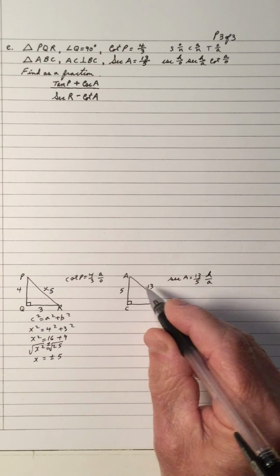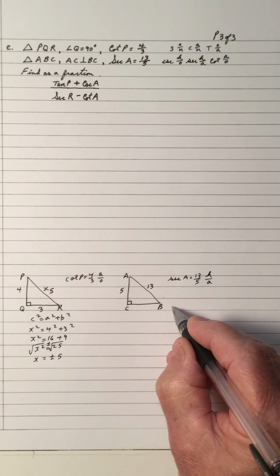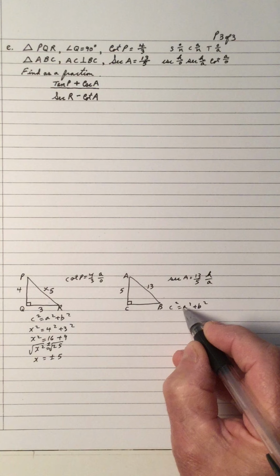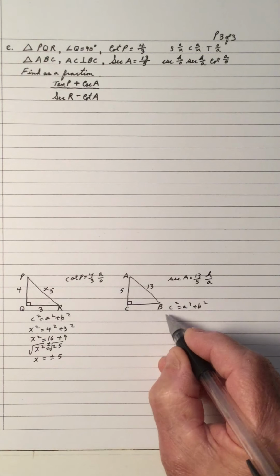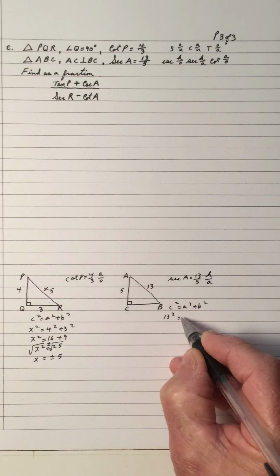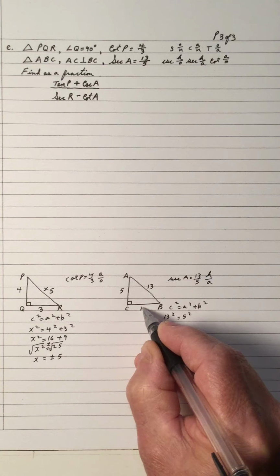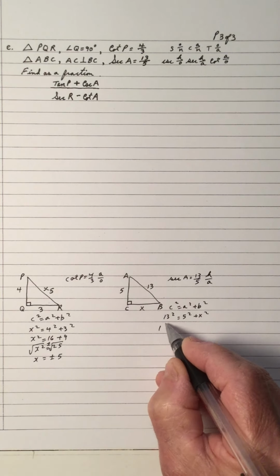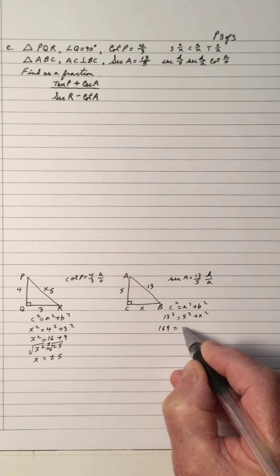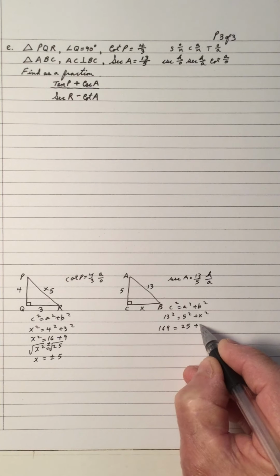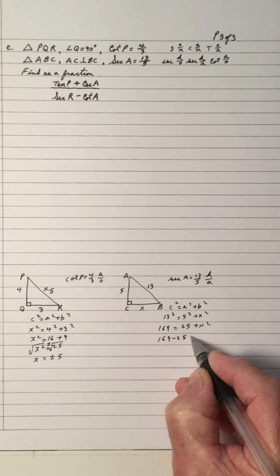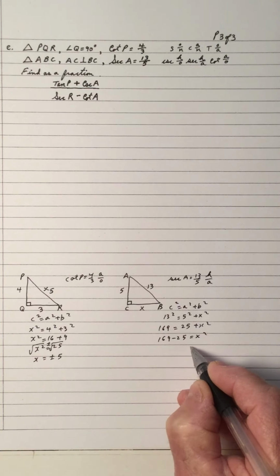Now we have to work out the other side. We're going to need it. C squared equals a squared plus b squared. And the hypotenuse is 13. A is 5, and the other side we'll call x. Again, I could call it b. 13 squared is 169. 5 squared is 25. 169 minus 25 equals x squared.